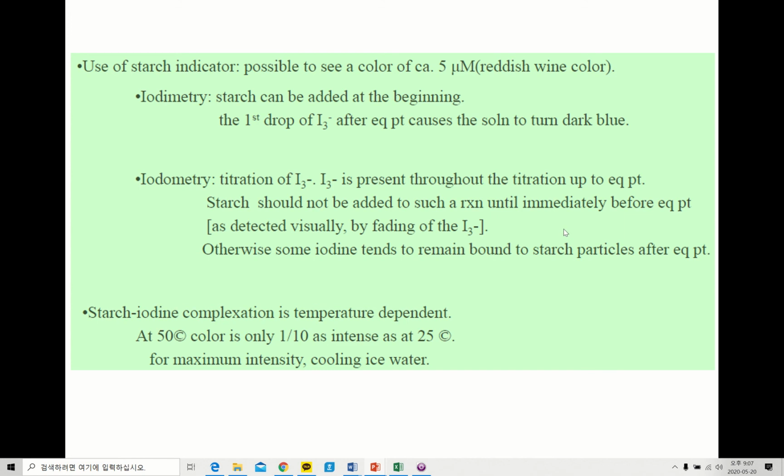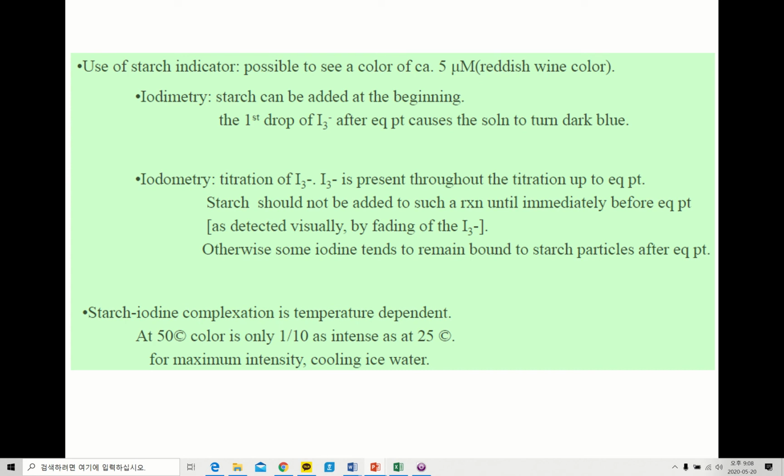So you do not add starch until immediately before the equivalence point. When you sense that the equivalence point is very near, then you add the starch and continue the titration.